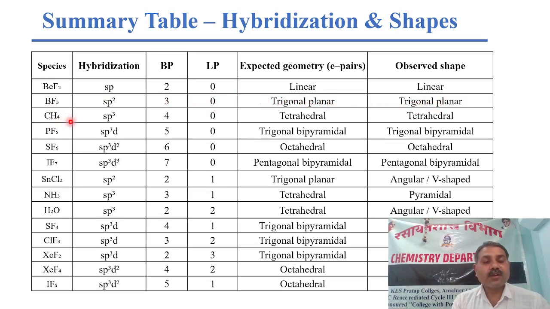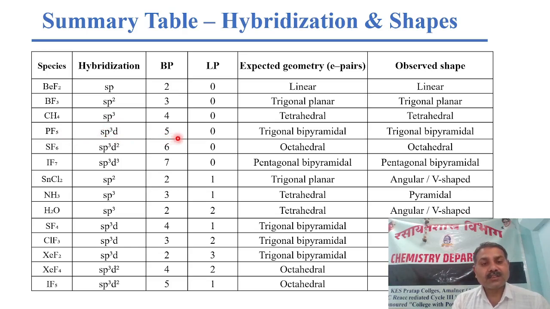In the case of the CH4 methane molecule, it undergoes sp3 hybridization in which 4 orbitals are involved. These are 4 bond pairs with no lone pair of electrons. Expected geometry is tetrahedral and actual is also tetrahedral. Another example is the PF5 molecule, which undergoes sp3d hybridization having 5 hybrid orbitals.